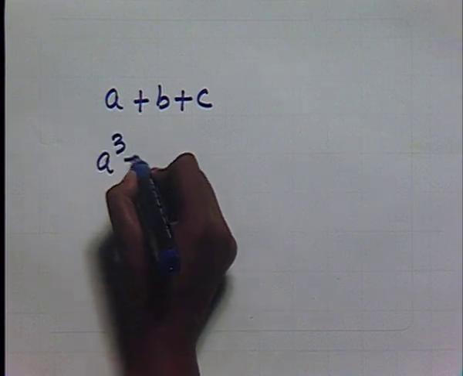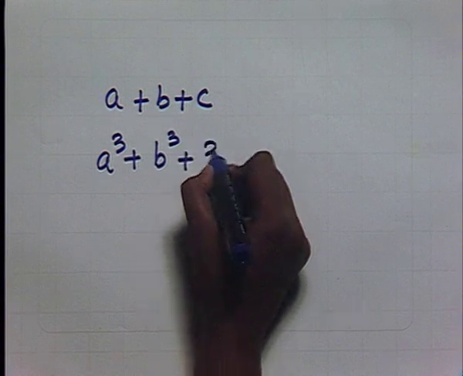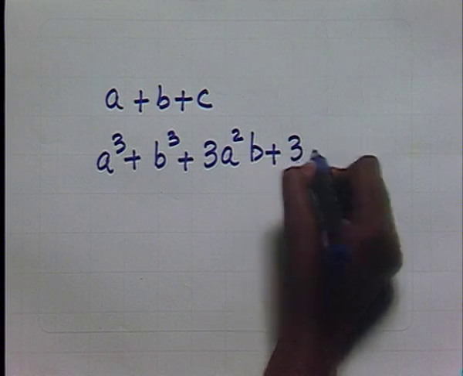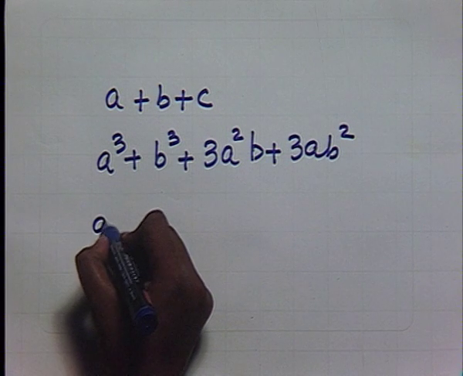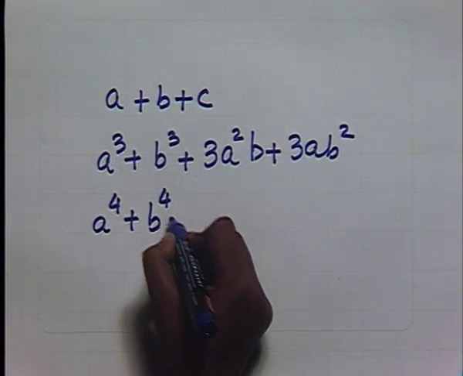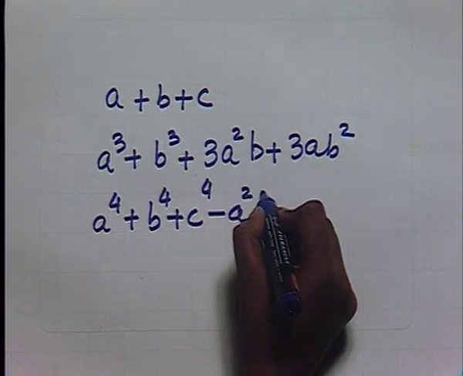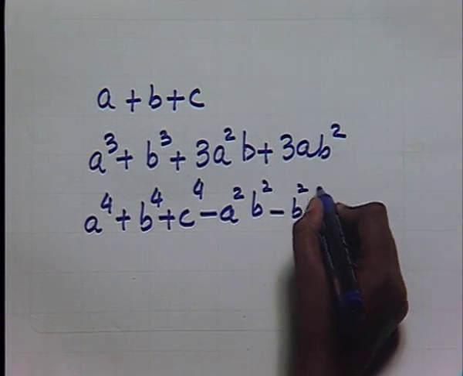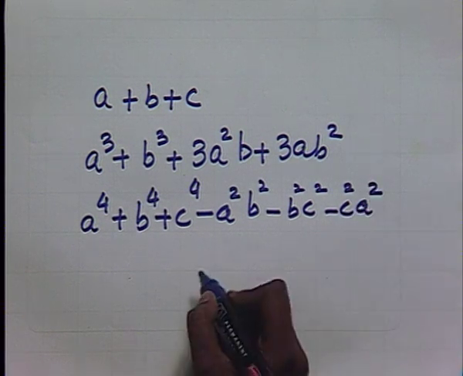a cube plus b cube plus 3a square b plus 3ab square. Another one can be a raised to the power 4 plus b raised to the power 4 plus c raised to the power 4 minus a square b square minus b square c square minus c square a square.